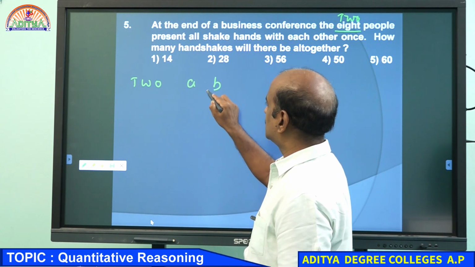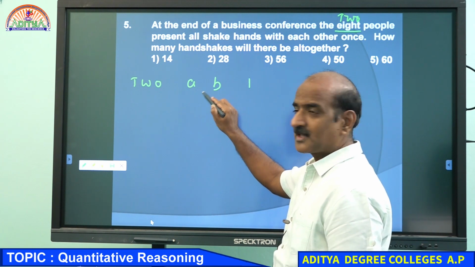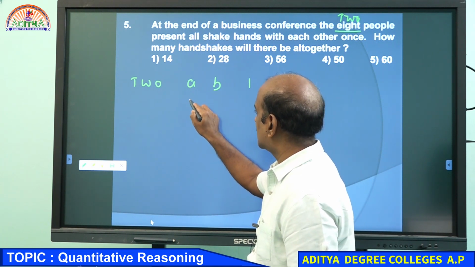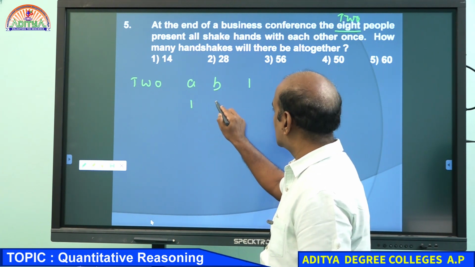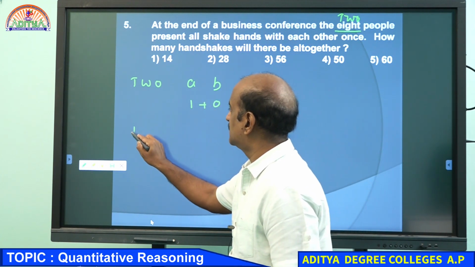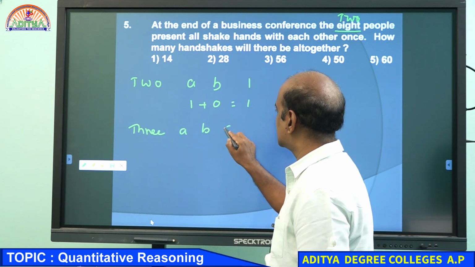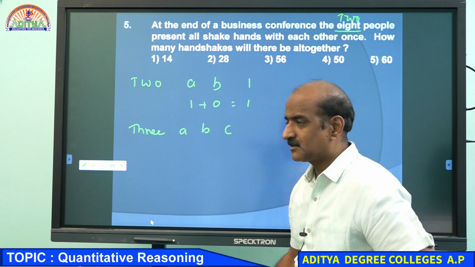Between A and B, how many shake hands? Only one shake hand, that is between A and B. Because A shakes hands once with B, and B 0, so 1 plus 0, 1. For example, if there are 3 people, A, B, C, tell me student, how many shake hands are possible?